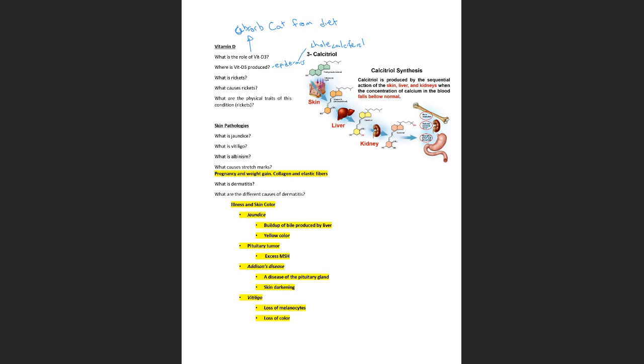Once this molecule is in contact with UV radiation or UV light, it starts a series of reactions that eventually produce vitamin D. So cholecalciferol plus UV light creates vitamin D, or calcitriol. Calcitriol is the active form of vitamin D.